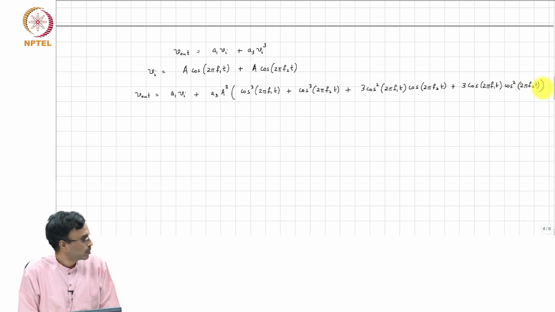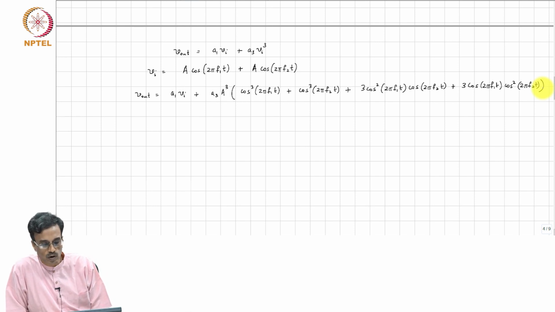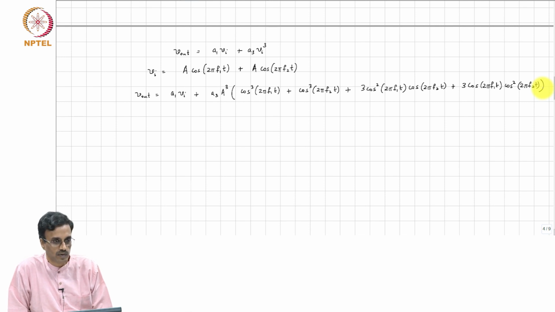Before we go out and expand all this stuff, let us figure out what we should expect to see. We should expect to see the usual gain compression terms. We should also expect to see third harmonic distortion, correct.